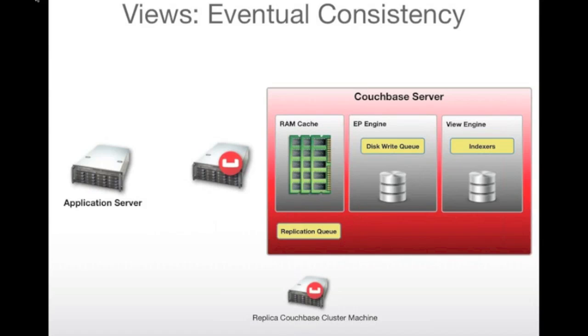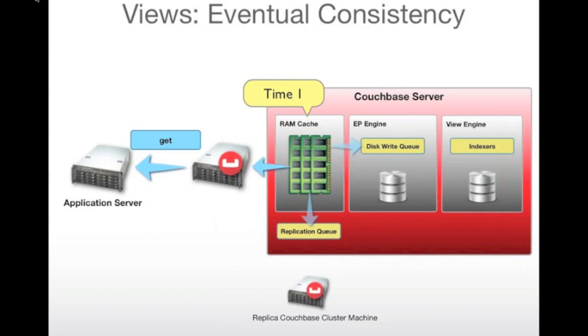So, eventual consistency in indexes. Your data model is consistent. When you create a storage operation, we'll call this time 1, and that's your RAM cache. You can immediately do a get, and it's reading from the RAM cache, so you have data consistency. What people who are new to Couchbase or to views often get stumbled upon is the eventual consistency of views.